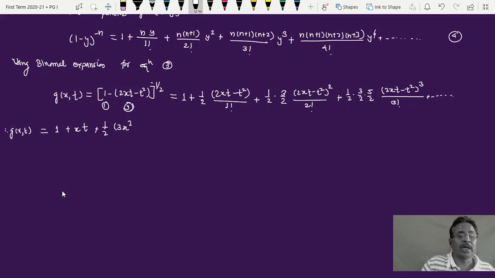If you want, you can carry out this operation separately. This is my equation number 5.